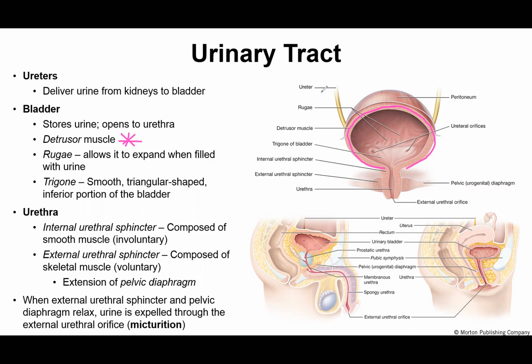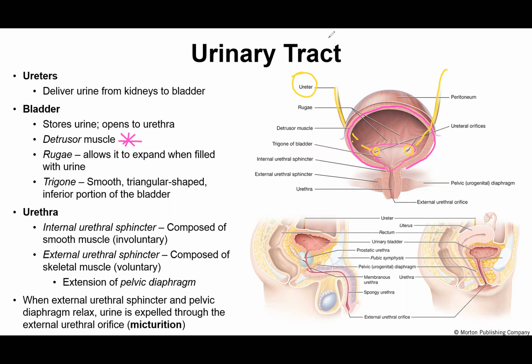And then finally, this final structure on the bladder is called the trigone. And it is the smooth triangular shaped inferior portion of the bladder. So it's here, here, here. Okay. I just want to point out that even though it looks like it on this picture, the ureters actually enter here, sort of at the bottom of the bladder.